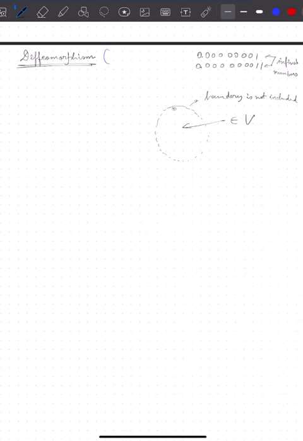So you can always go as small as possible, and always define as small a circle as possible, or what we call a small ball or disk, and still the elements will lie in V. So that's what we make use of here.